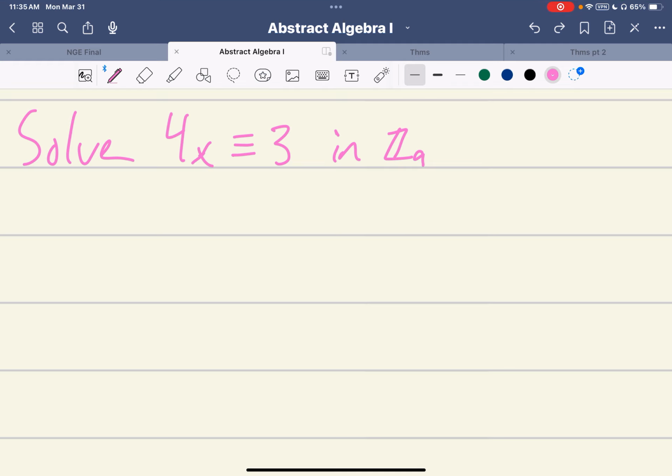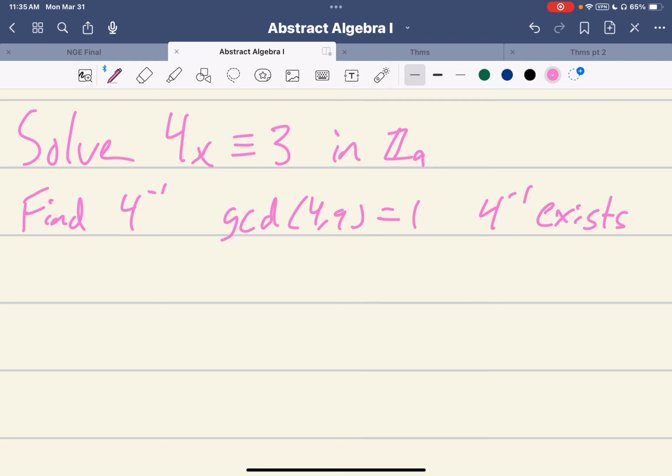So let's check. First, we want to find 4 inverse. It's the same kind of structure. GCD of 4 and 9 does equal 1, so it exists. Yay! Next, by Euler, let's just jump ahead.